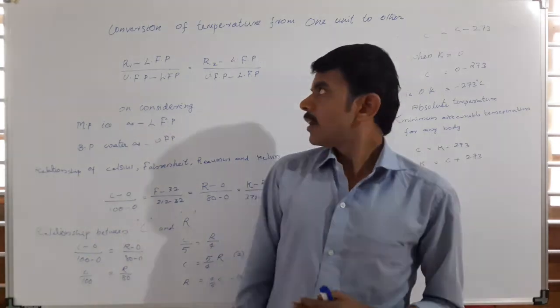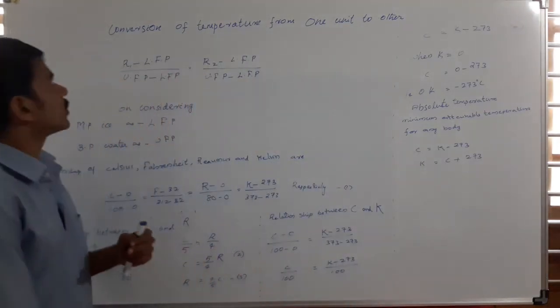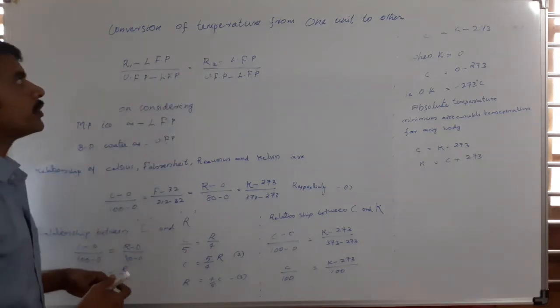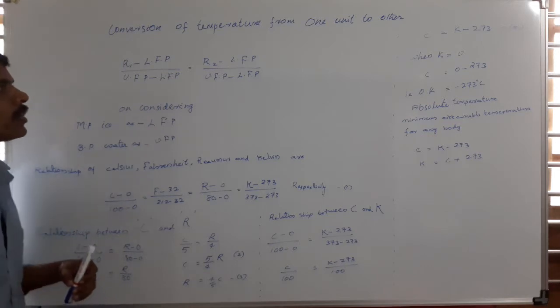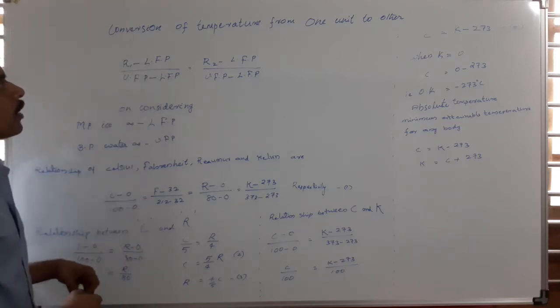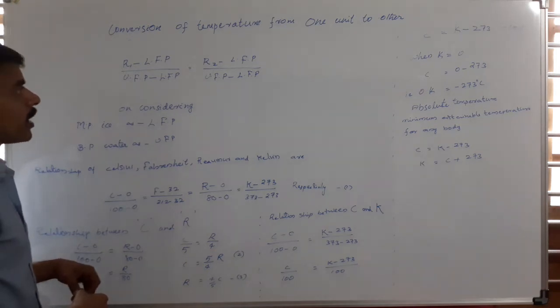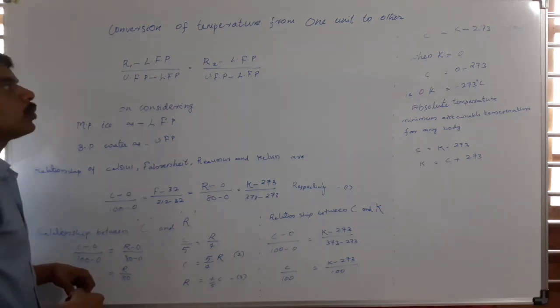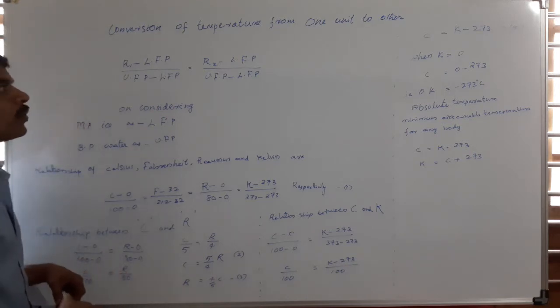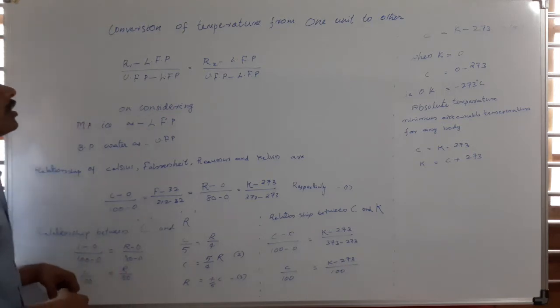Okay, anyway, please have a look. Conversion of temperature from one unit to another unit. The basic equation always stays the same: (R1 minus LFP) divided by (UFP minus LFP) equals (R2 minus LFP) divided by (UFP minus LFP).